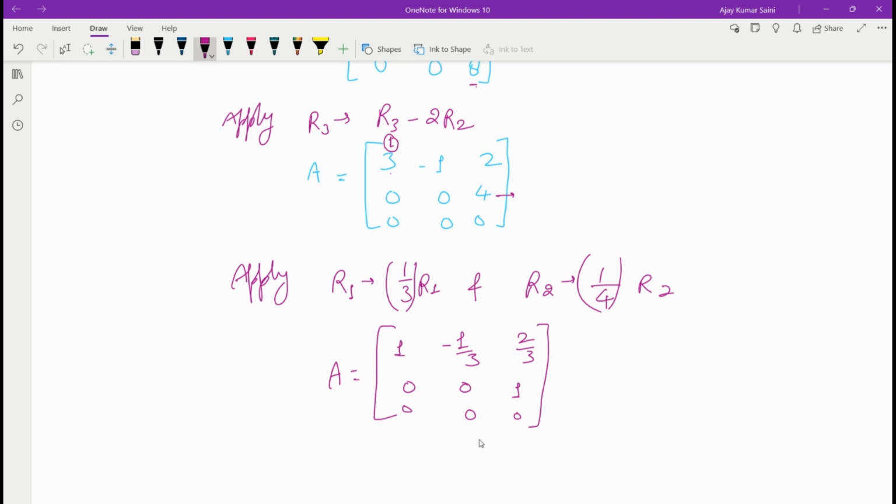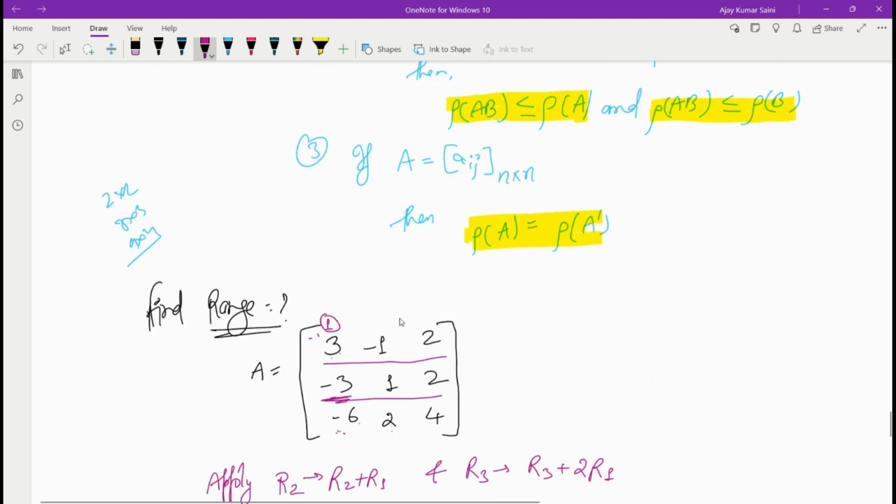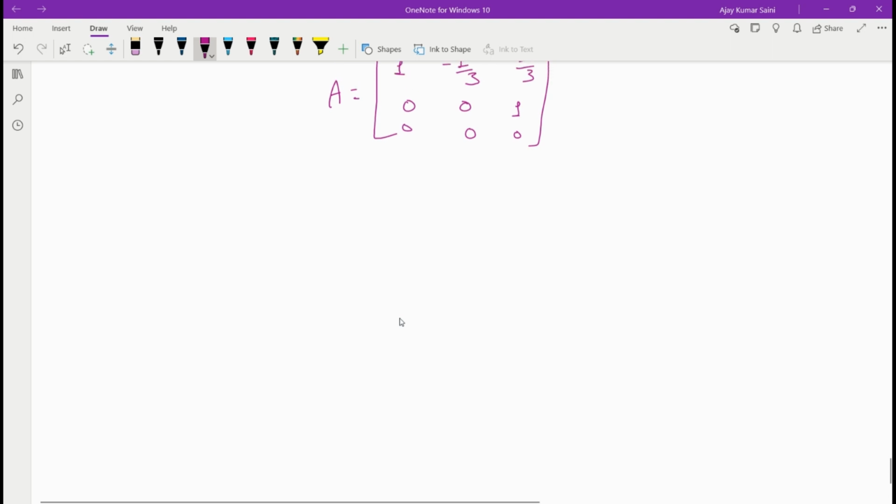Okay, so stop here. Now there is one another thing. Another term which is known as echelon. It is a matrix.